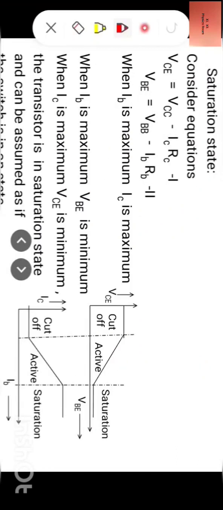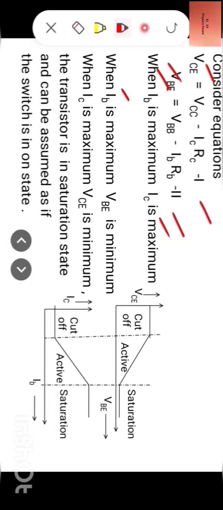Now saturation state. Consider equations. VCE is equal to VCC minus ICRC, equation 1, and VBE equal to VBB minus IBRB, equation 2. When IB is maximum, IC is maximum.